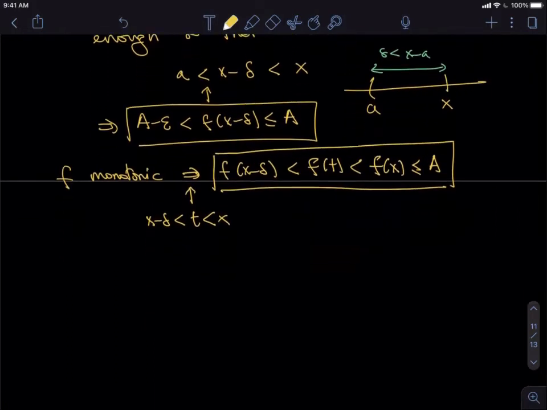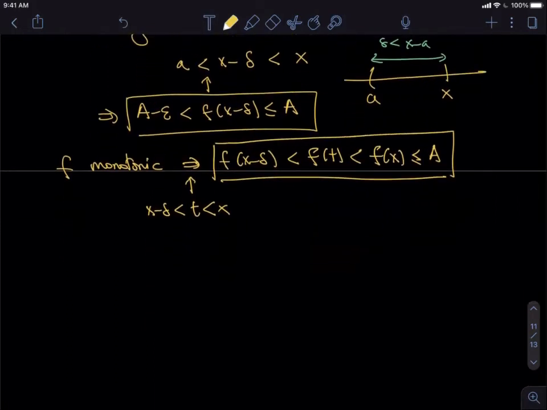And from here, what do we have? So we can put together A minus epsilon less than f of X minus delta less than f of t.